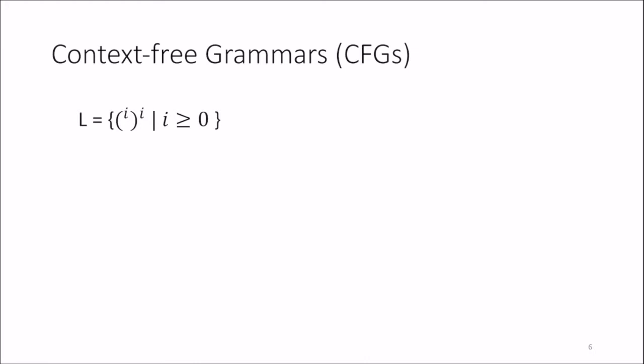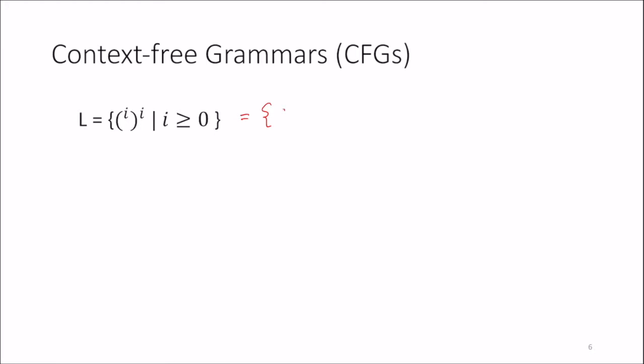So a context-free grammar is defined in that way, but let's look at a concrete example so that you can understand all of the various sets and the rules and what they mean. So let's look at a language. As we saw before, a language is just a set of strings. In this case, it's a set of strings that consists of balanced parentheses. So if I was to expand this out, it's i greater than or equal to 0.